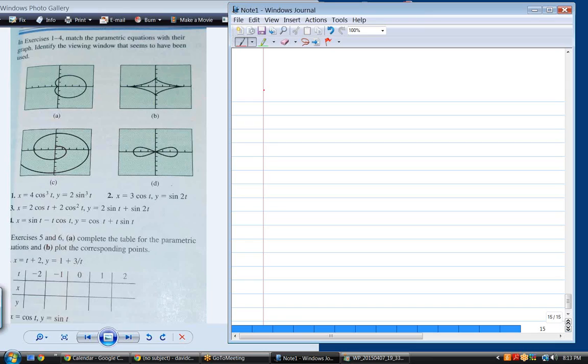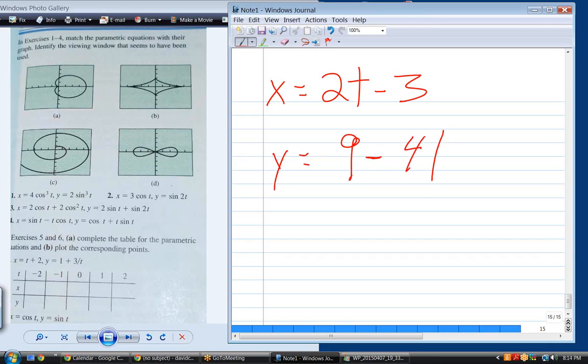9's a little different. Tell me if your 9 is different than this, but usually these problems don't change from edition to edition. We might have a different edition. When you have something like this, there's an easier way to do it than making a table. And that's to solve each one for t and then set the other side equal to each other.